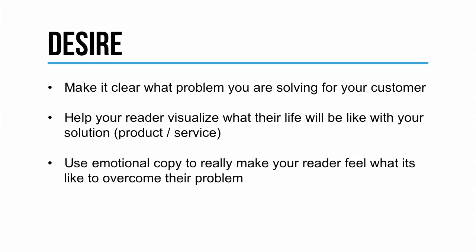So if you use emotional copy to make someone want to buy your product or service or to take an action, then they're very likely to do it if they can justify why they're doing it. Most people can't justify something based on their emotions. They need a logical reason as to why they're doing it. That's why you want to throw both into what you're saying.